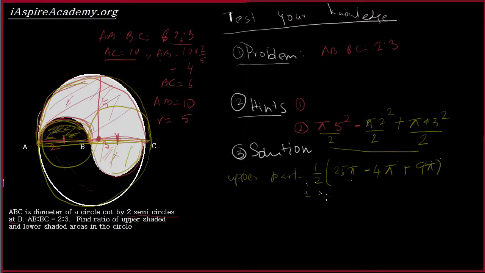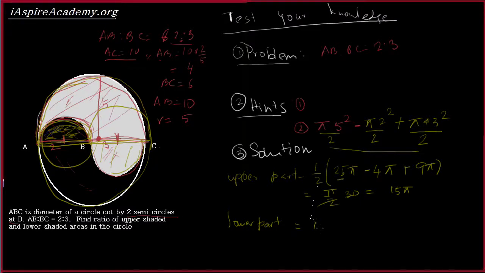That is equal to half of 25 minus 4 plus 9, which is 30, and that is equal to 15 pi.